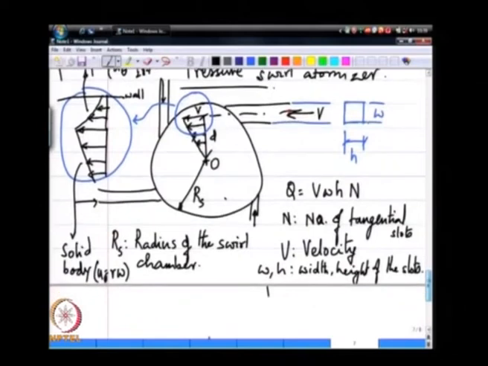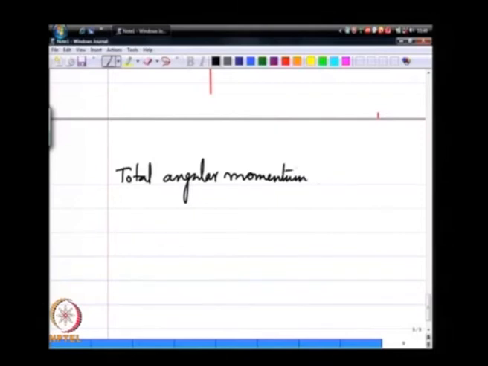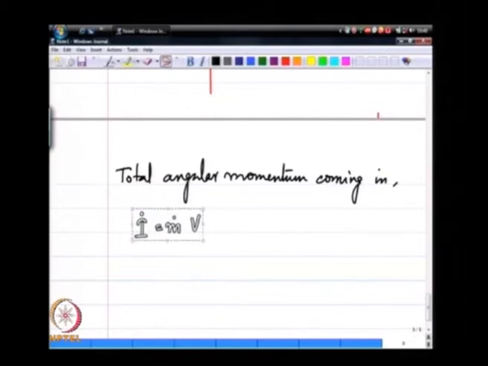So, now if you look at what this flow is doing, the total angular momentum coming in is m dot times V times d.